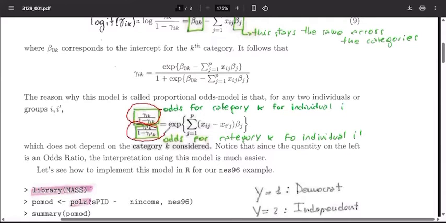The ratio of odds for two different individuals. That's what we mean, and that is actually called the odds ratio. Odds, like plural. Because this is an odds on its own, and this is another odds, then we have the odds ratio.